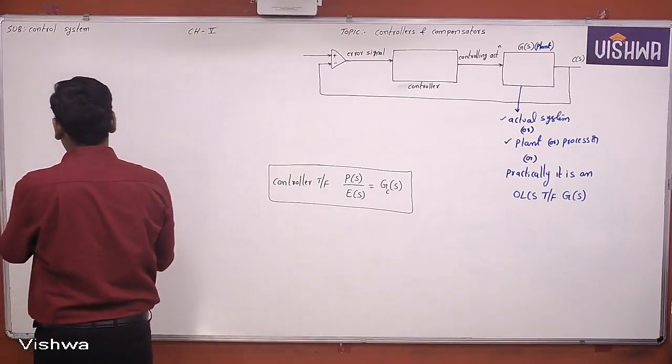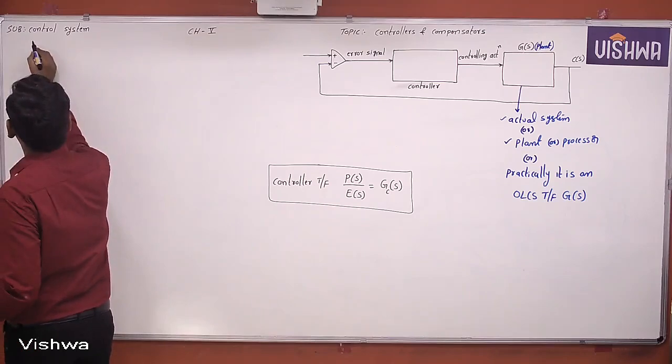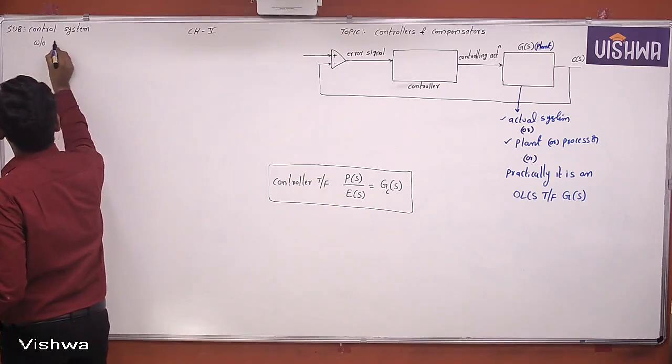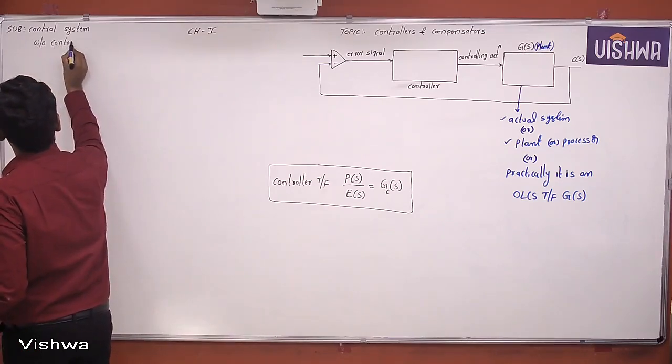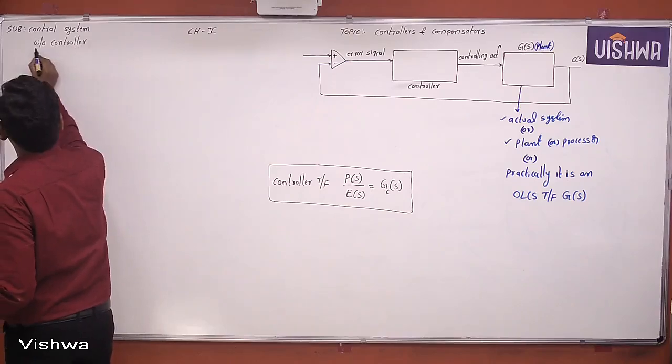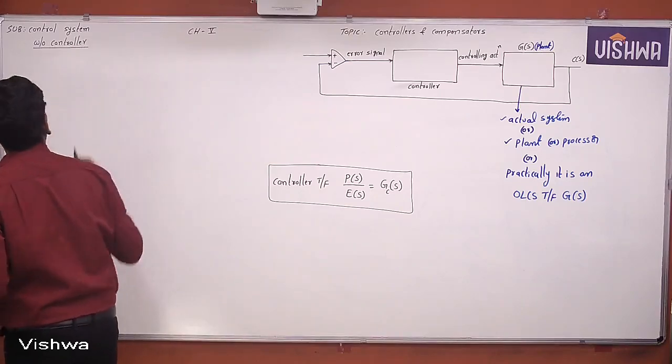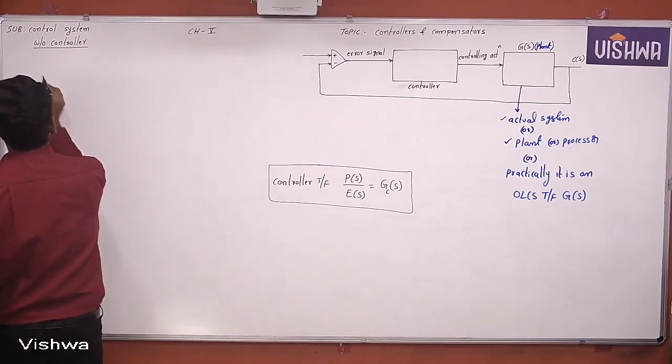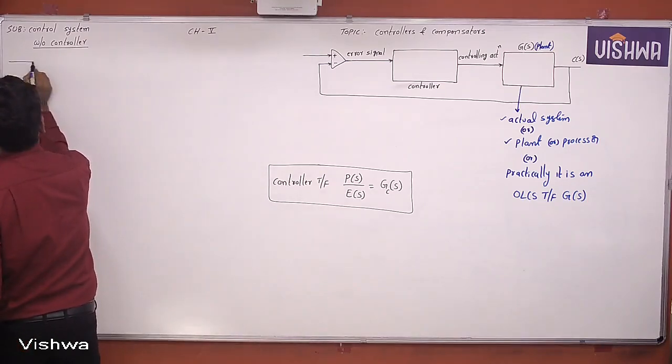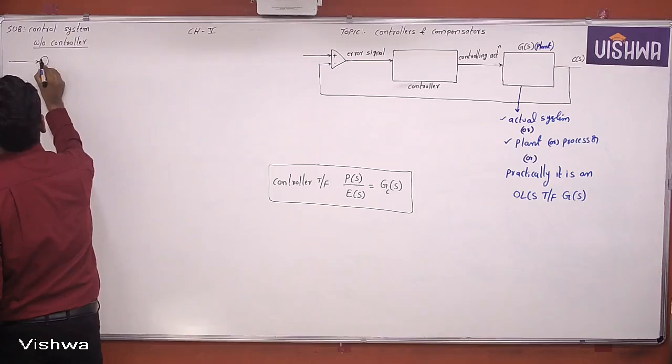Now see here. This is without controller, which means only the plant, no controller.